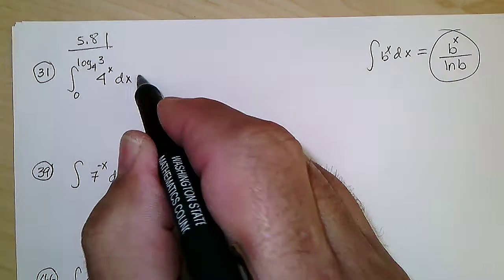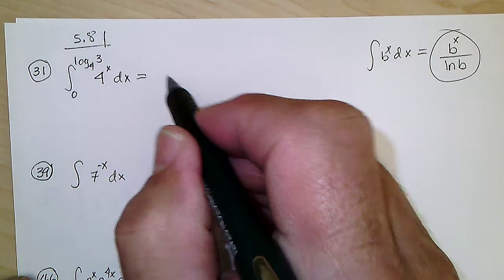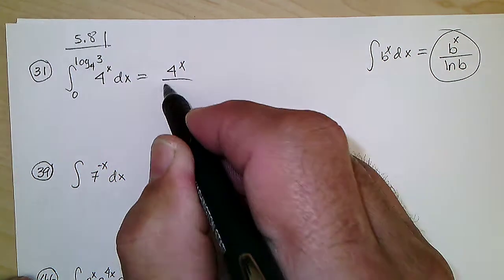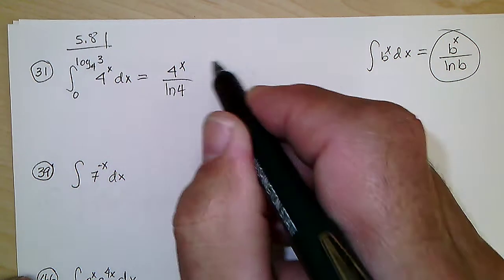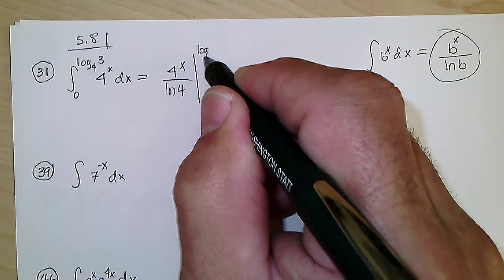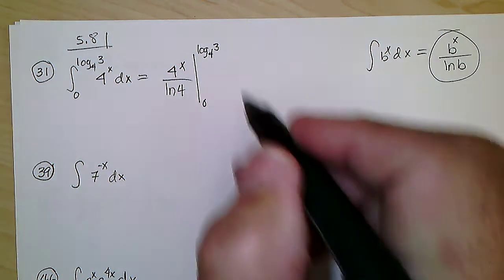So the integral of this would be 4 to the x over ln 4. And we're evaluating from 0 to log base 4 of 3.